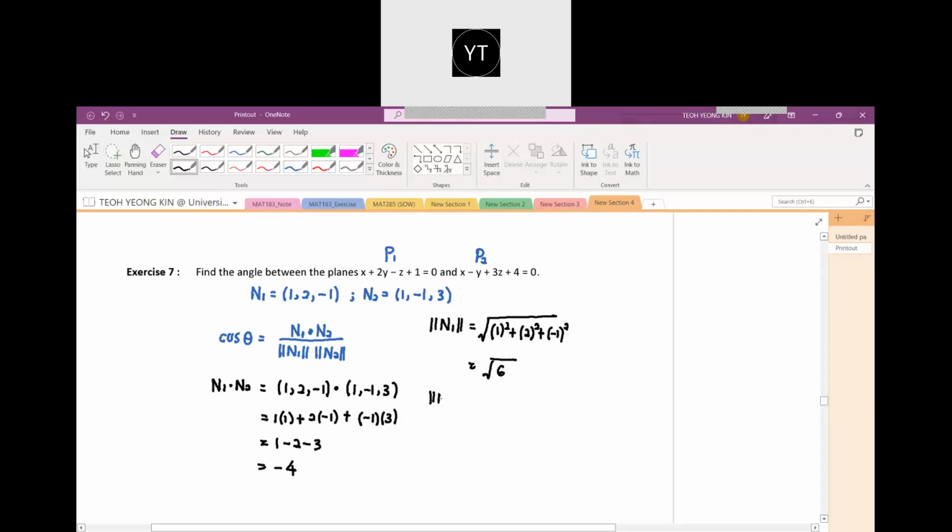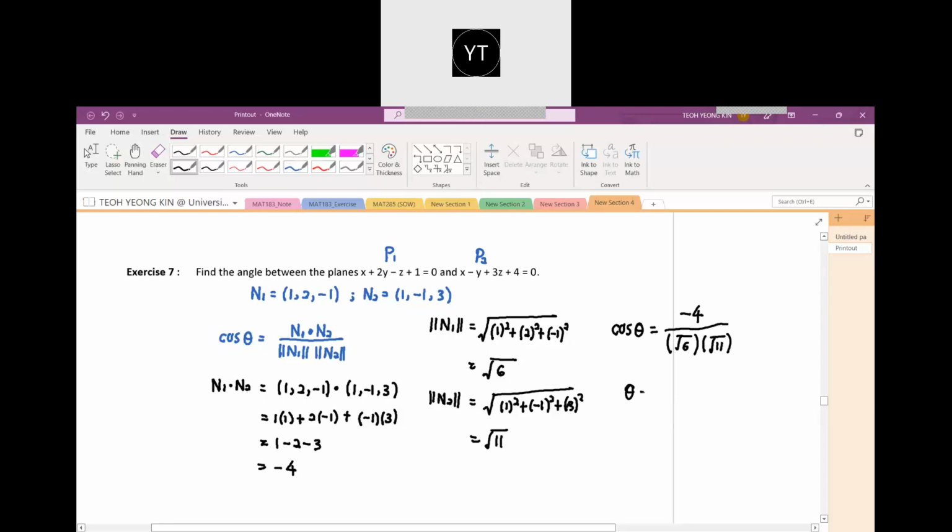The magnitude of n2 is the square root of the squares of each element in n2, which is 1 squared plus negative 1 squared plus 3 squared. Here we have 1 plus 1 plus 9, which is 11. Square root of 11. Finally, cos theta is equal to the dot product of n1 and n2, which is negative 4, over the magnitudes of n1 and n2, which are square root of 6 and square root of 11.